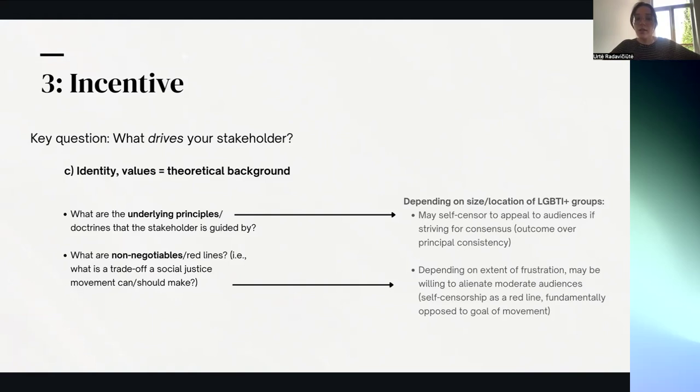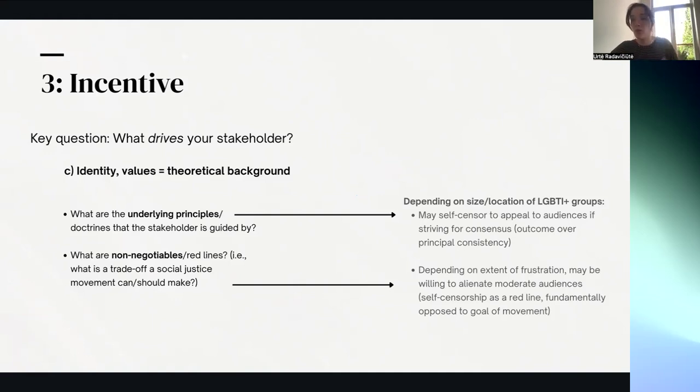Also, this ties back to our risk aversiveness analysis. If you identify and characterize that a stakeholder is in a nothing-to-lose scenario, or if they perceive their situation as nothing to lose, then probably they are more likely to be applying their principles consistently and willing to alienate, for instance, moderate audiences in order to be able to at least say to themselves that they stay true to what it was that they believed in, which is, say, capacity to self-reflect.